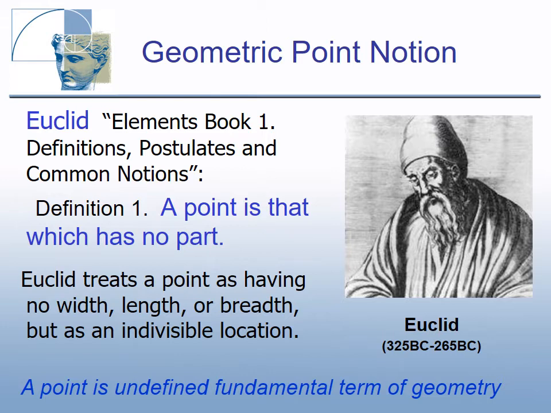The description, a point is that which has no part, indicates that Euclid treats a point as having no width, length, or breadth, but as an invisible location. Usually, axiomatic theory is built on some undefined notions given by common sense. A point, practically, is an undefined fundamental term of geometry.